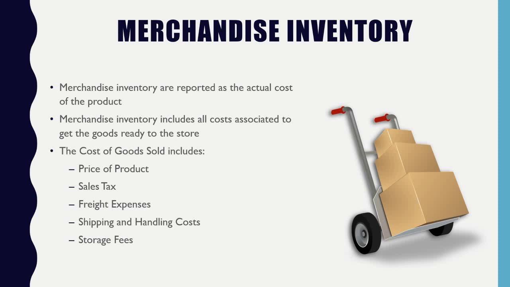That can include the original selling price, sales tax if there is any, and freight expenses or shipping cost. If it's a fragile item, they may require you to pay for shipping and handling. If you buy inventory in bulk, you might have storage fees. That's all going to be included as part of inventory.